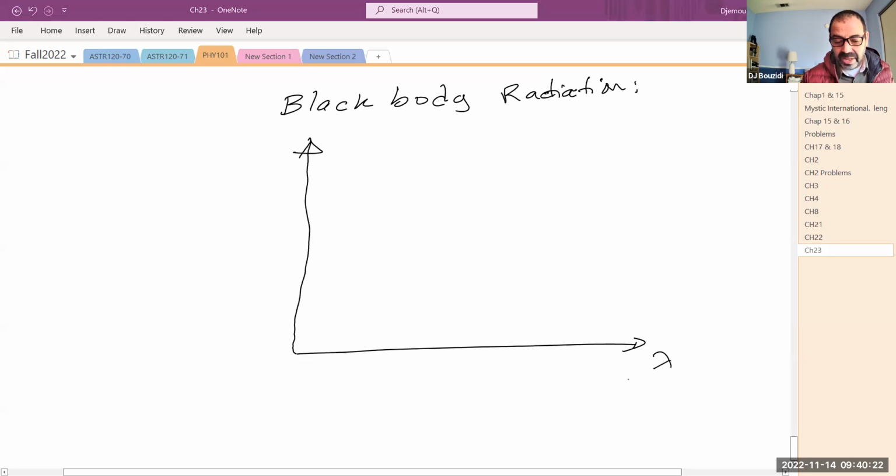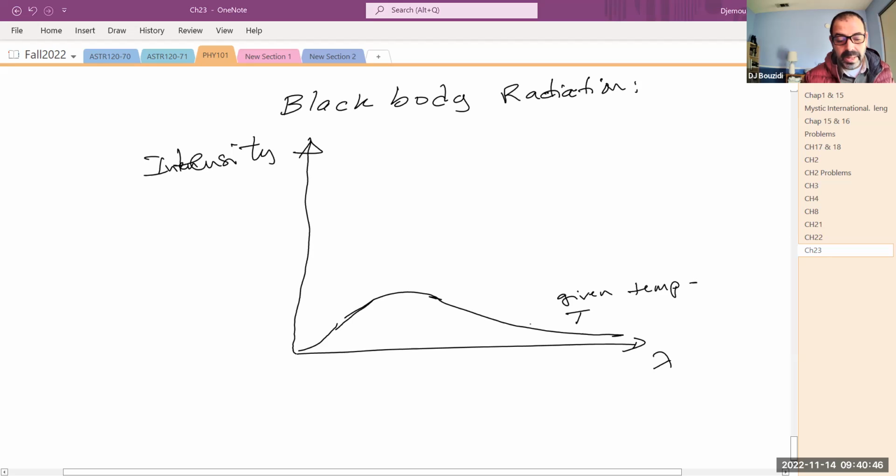So if I take here the wavelength, and here the intensity of the radiation, this is how it looks. For a short wavelength, there is little, and then it peaks around a certain value, and then it drops for long wavelengths. That is how the pattern looks for a given temperature T. Now, if you increase the temperature, the pattern looks a little bit different.